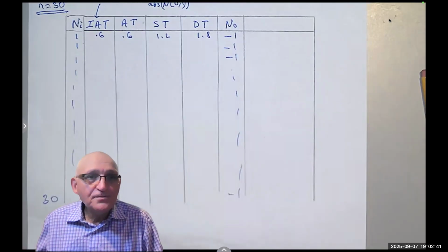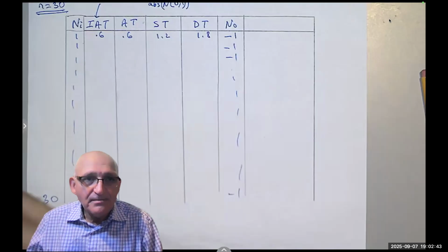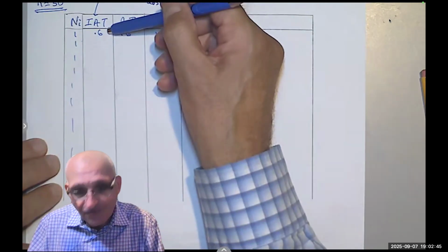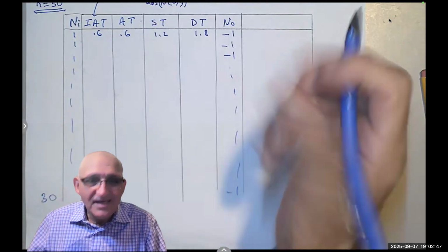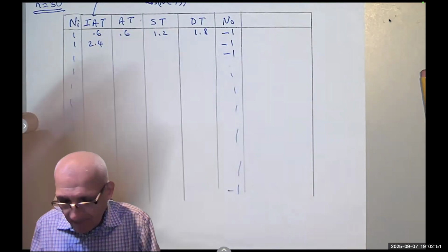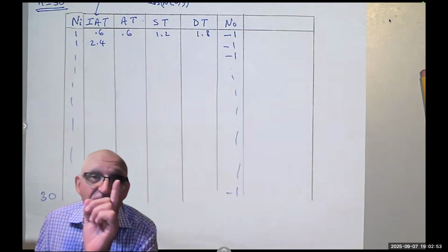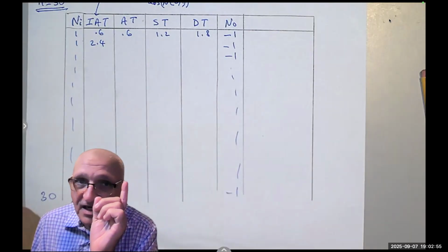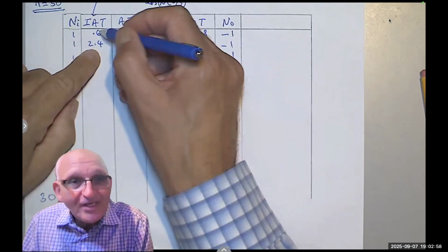Customer number 2, the inter-arrival time, meaning between the arrival of the first and the second, I may get, say, 2.4 minutes. That's not the arrival time of the second customer. Be careful. That's the time between arrivals.